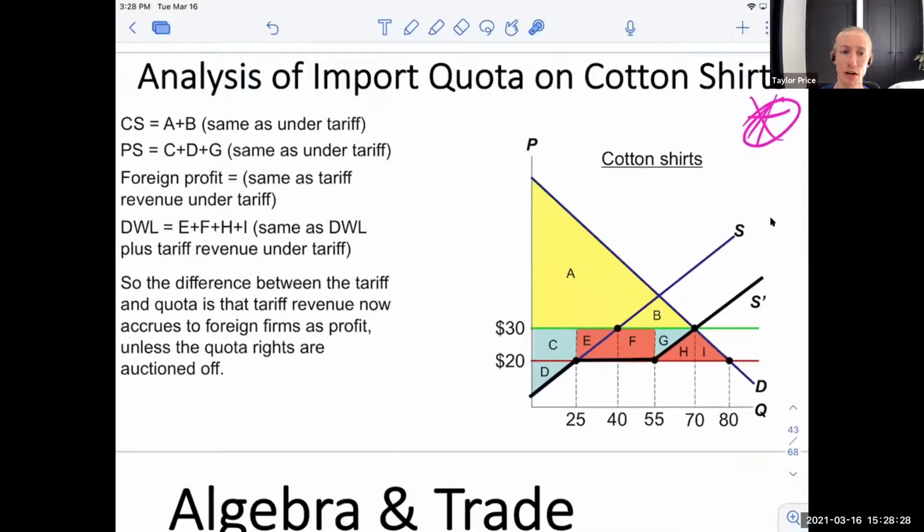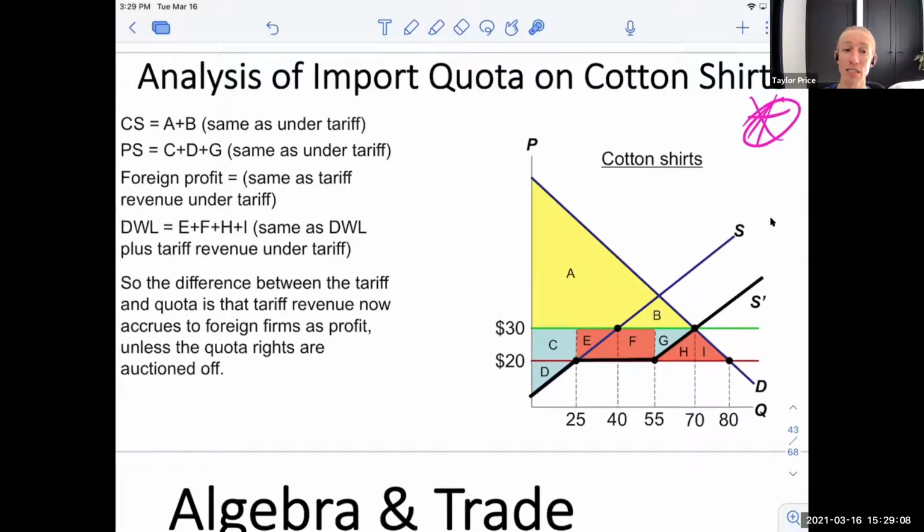So the difference here, and I'm going to walk through on this side, is that consumer surplus is going to be the same as under a tariff. Producer surplus is also going to be the same because it's just that same process. So domestic consumer surplus and domestic producer surplus are going to be the same. Foreign profits, what foreign producers of the good make, are also going to be the same because the tariff revenue is not going to change, since the quota mirrors the tariff.